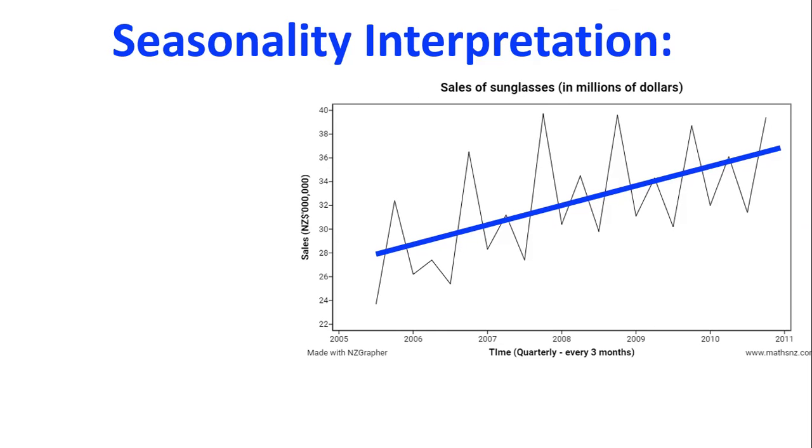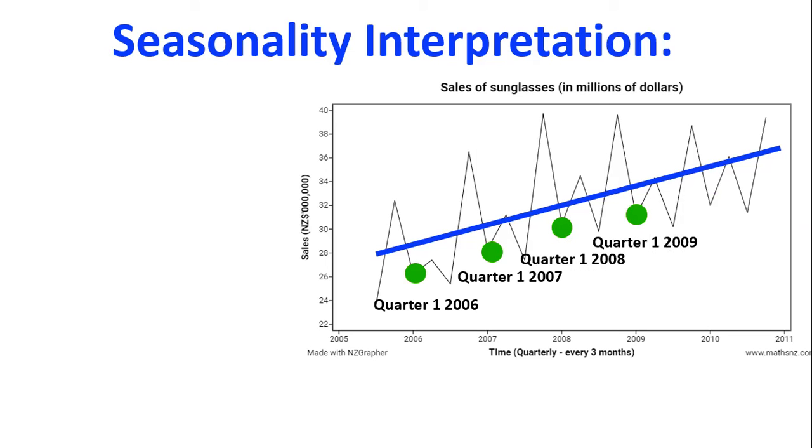So here's our interpretation for this example. Putting on my trend line, I'm going to start with quarter 1. First of all, I've highlighted where quarter 1 2006 is. And then I'll do quarter 1 2007, quarter 1 2008. For each year, because remember there's 4 quarters in a year, I can literally count it. I can say, right, this is the first one, there's 2006 quarter 1, 2, 3, 4.